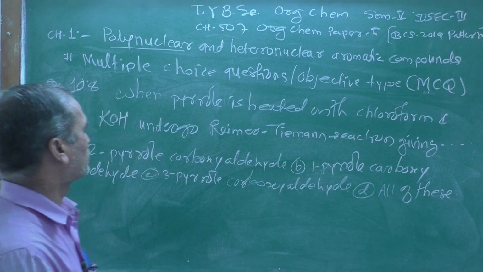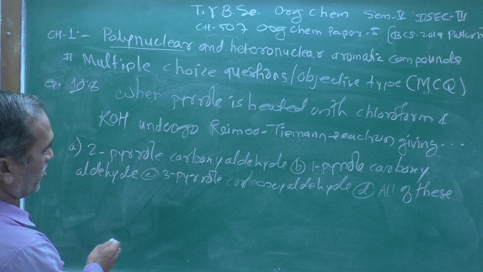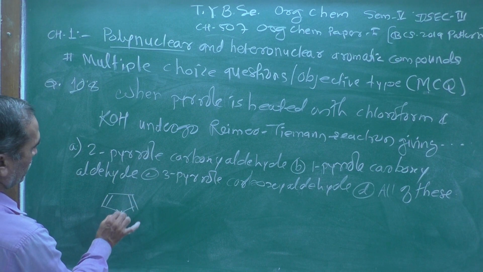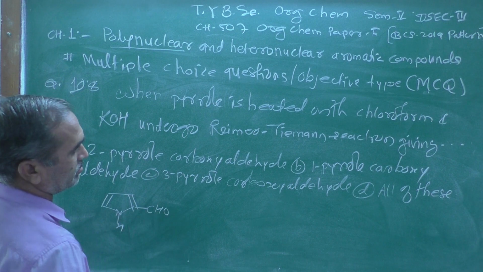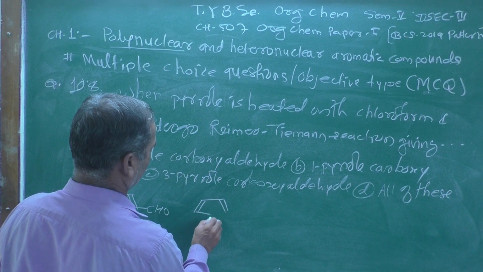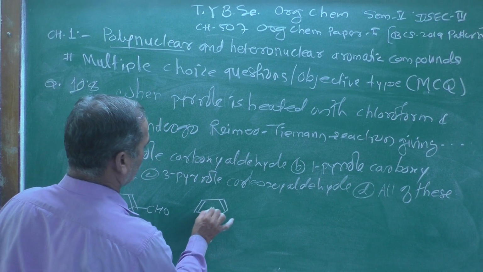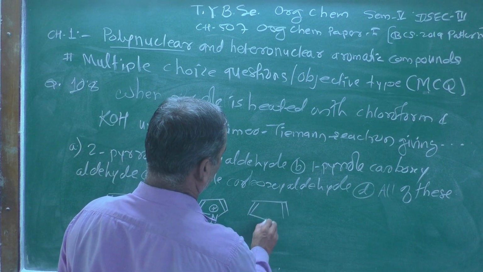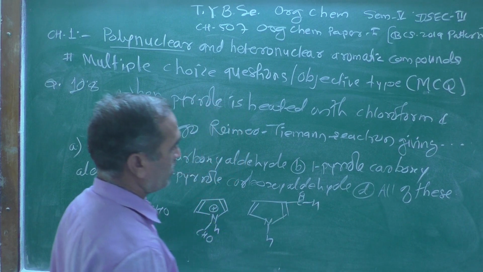What do you think? Which would be the correct answer? 2-pyrrole carboxaldehyde: the structure of this one has pyrrole with a CHO group at 2 position. 1-pyrrole carboxaldehyde, once again NH along with CHO, and for 3 position, a formyl group is introduced at 3 position, H, C, double bond O, H, and all of this.